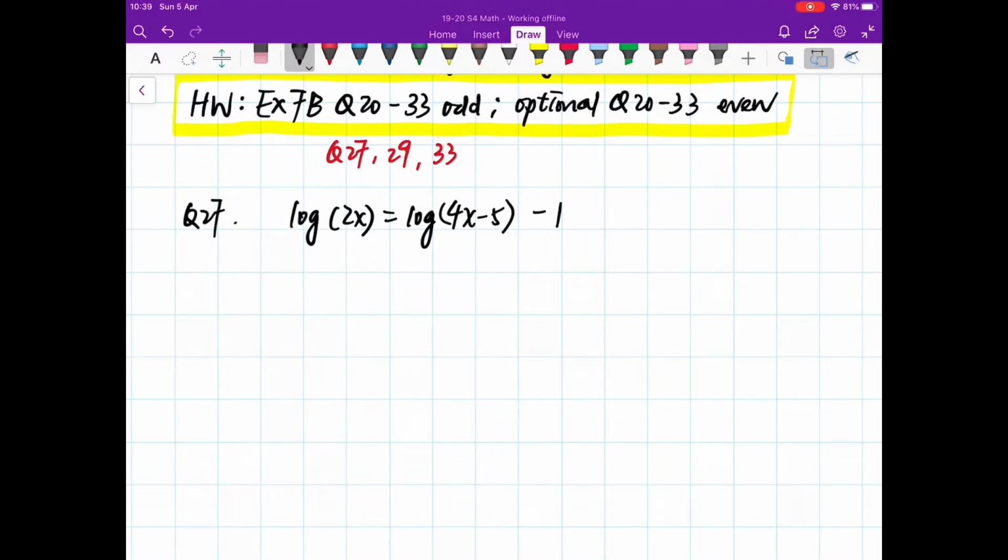Okay, and for the first step of this question, I will move the log 4x minus 5 to the left hand side so that we have log 2x minus log 4x minus 5 equals negative 1. Then we can see that it is a type 3 question, as there is only log on the one side.